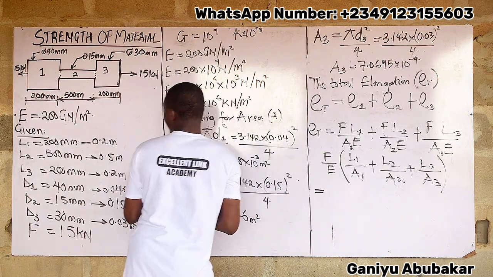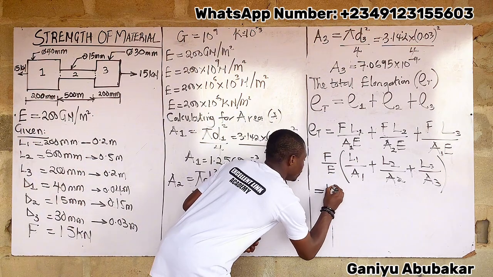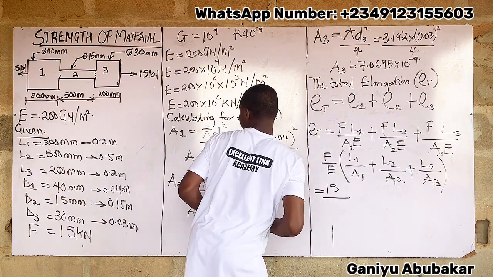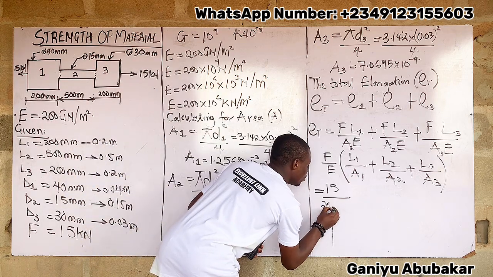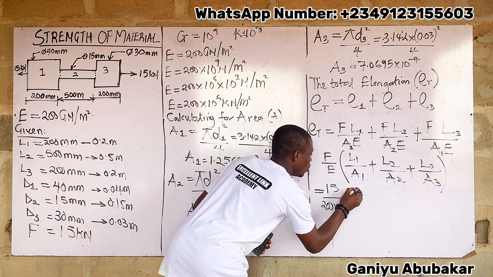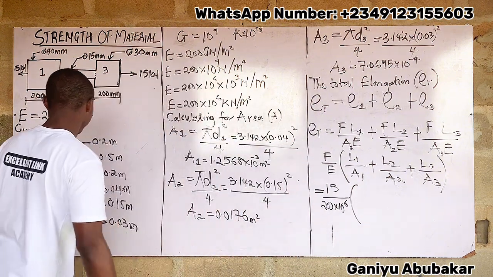What's my F? Of course, F is 15, all over E. E is 200 times 10 to the power 6. Into what's L? 0.2.